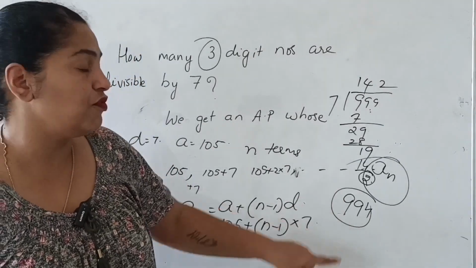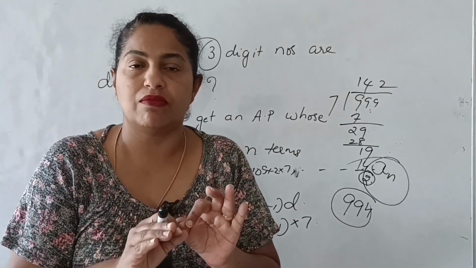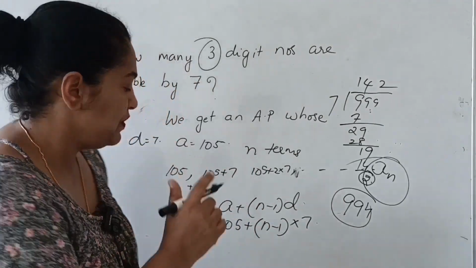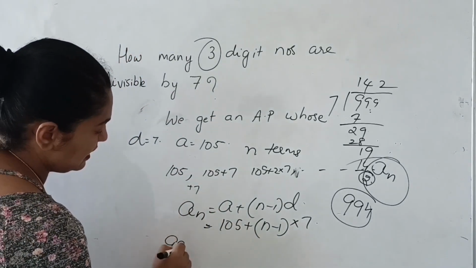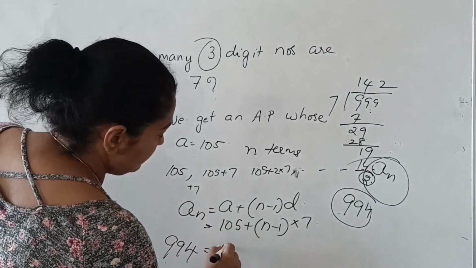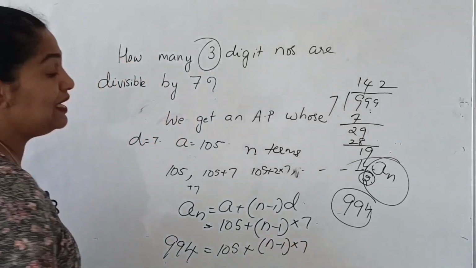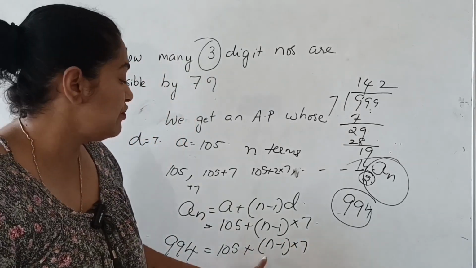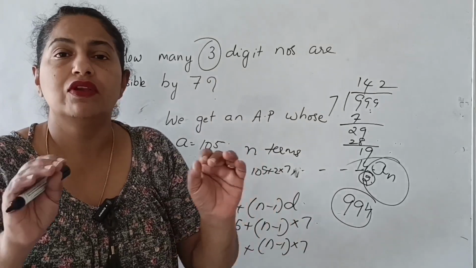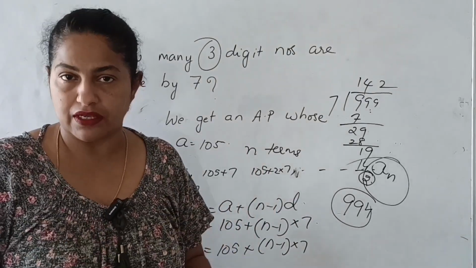So 994 is the last 3-digit number that is divisible by 7. So my an value is 994. Now you have got a very simple linear equation. You just need to find the value of n. So let us figure out how many terms are there.